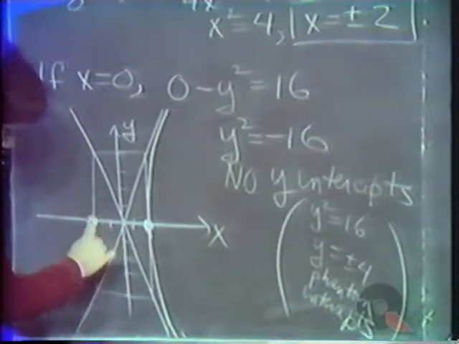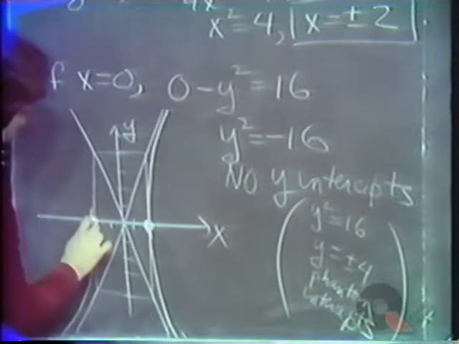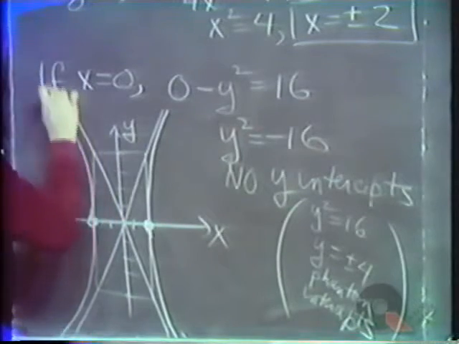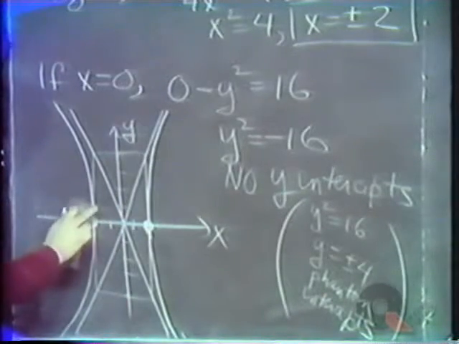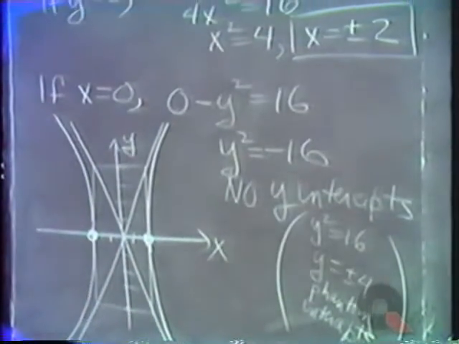Through this intercept, like so. So use the diagonals as guidelines for drawing the hyperbola.